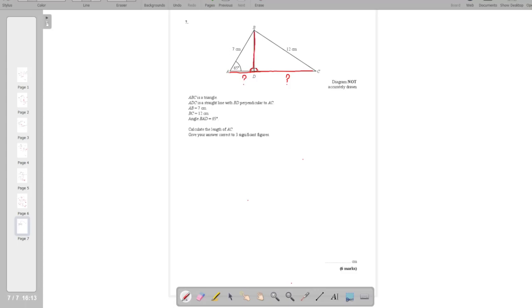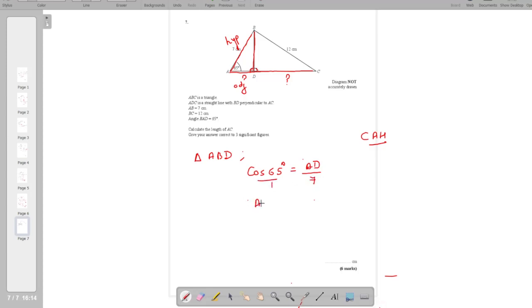If you look at this triangle here, triangle ABD, this is adjacent, this is hypotenuse, so we can use cos. Cos 65 is equal to AD over 7.